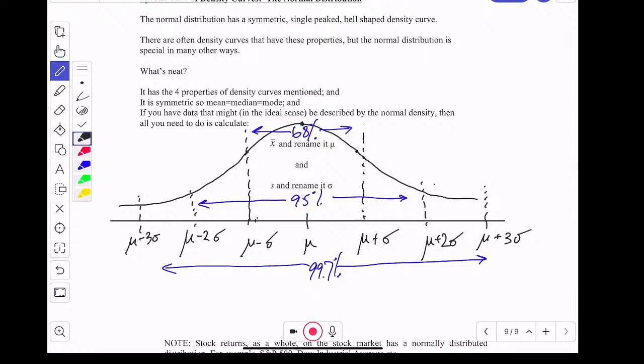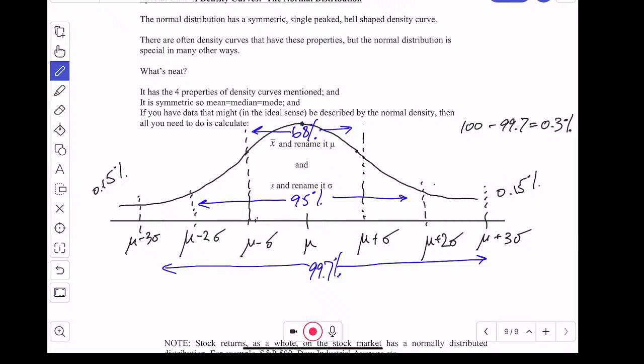So it's 99.7%. So 100 minus 99.7 is 0.3%. So that means that it allows for 0.15% on this side, and 0.15% on this side.